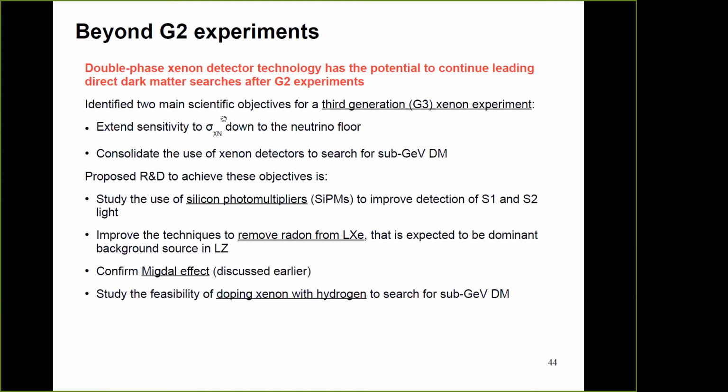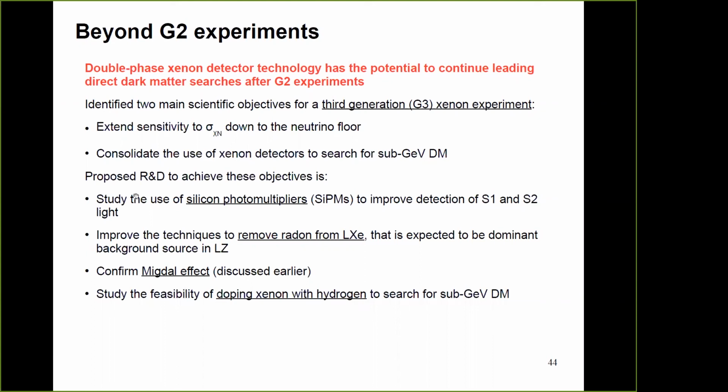One is to be more sensitive to weaker coupling of matter and ordinary matter. And we think that here, again, xenon detectors will continue leading this field. And we also have now handles to search for sub-GeV matter. So we also want to exploit that.